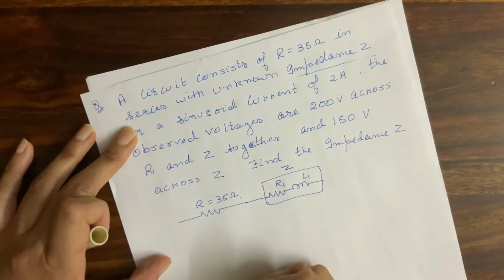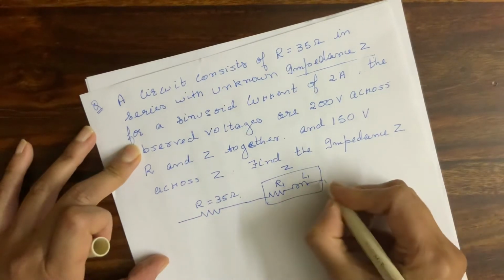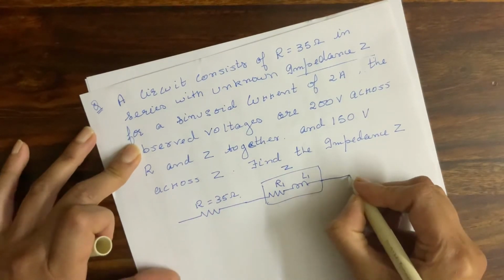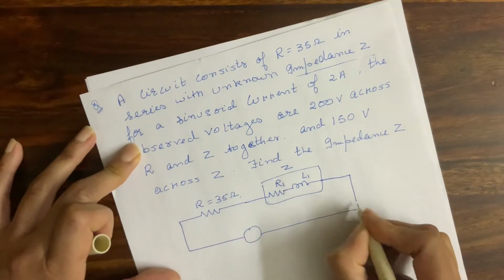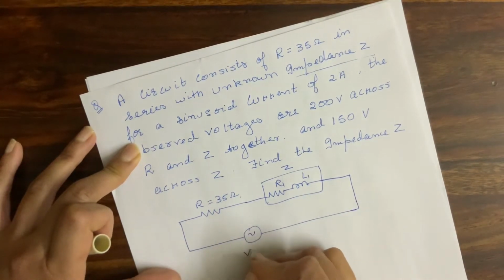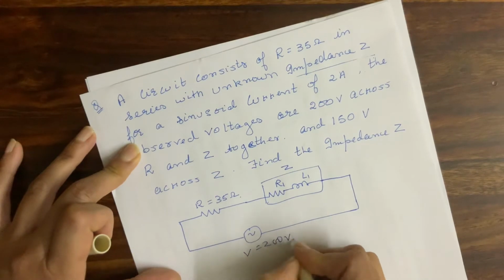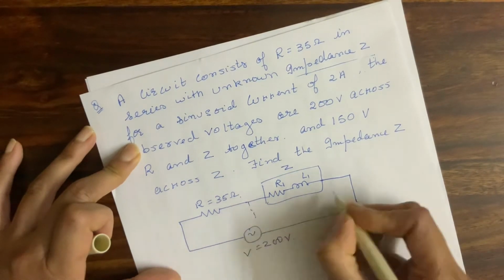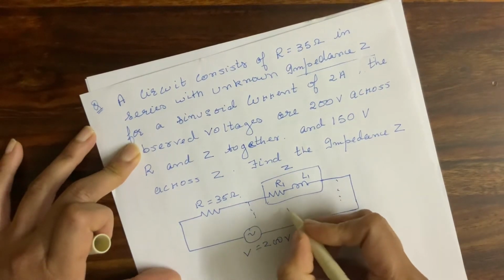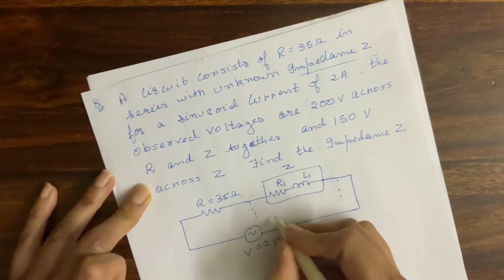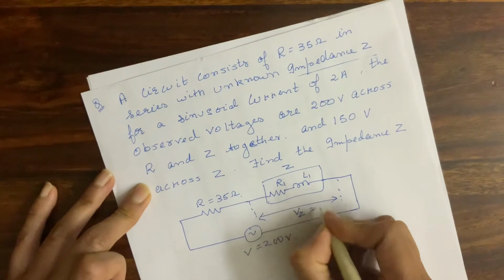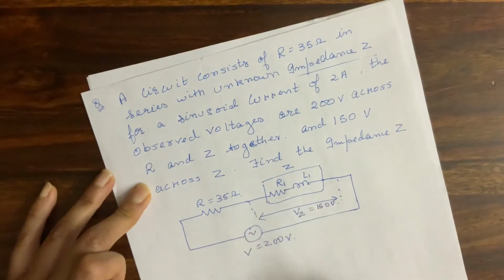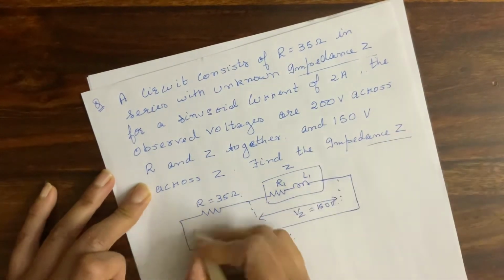The total voltage is specified here as V equal to 200 volt, and the voltage across this Z is given as 150 volt. So here Vz is equal to 150 volt. We have to find the value of impedance Z.